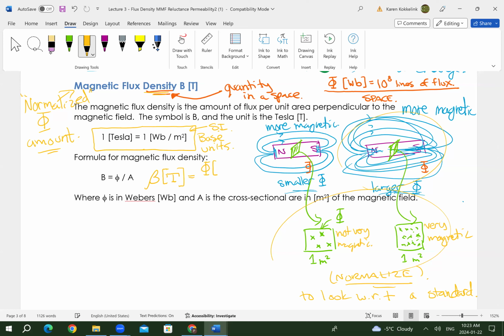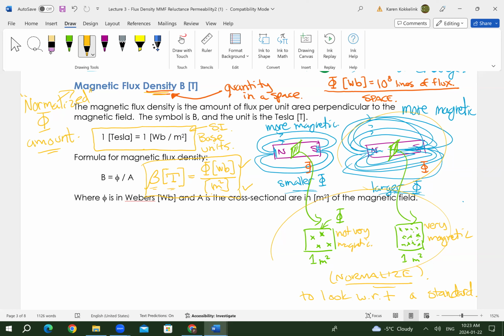flux in Webers over meter squared. So now we have a new definition. It's beta. We have a new unit, it's Tesla. Did we need any of it? No, because we know what Webers are and we know what meters squared are.